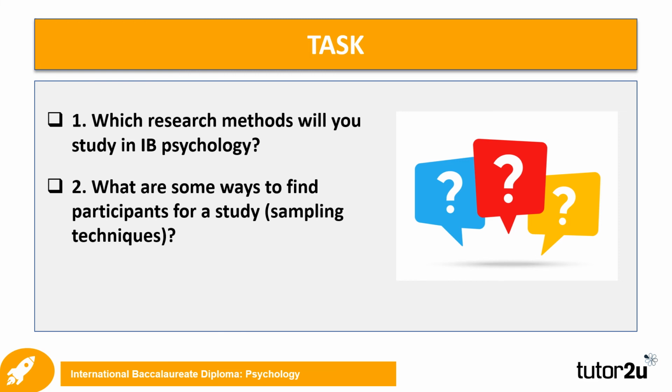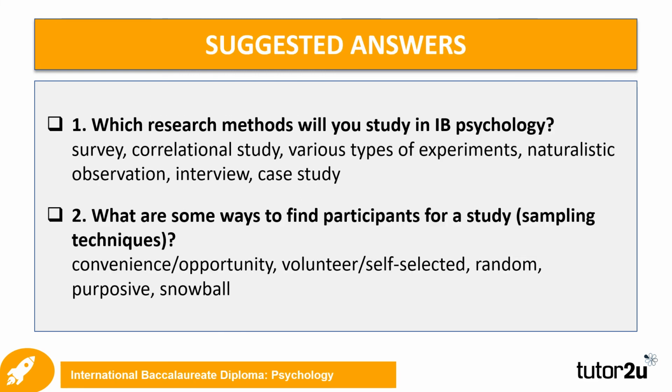Pause the video and continue watching after you give your answers. In the IB Psychology course, you will study the following research methods: surveys, correlational studies, various types of experiments, naturalistic observations, interviews and case studies. Sampling techniques include convenience or opportunity, volunteer or self-selected, random, purposive and snowball.